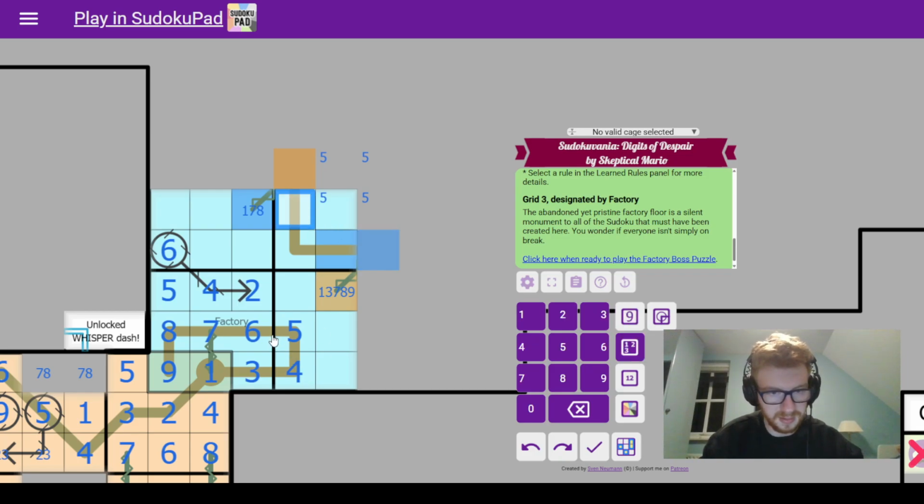If that's a 6, where does 6 go within this box? It doesn't go there, doesn't go there, so it goes in one of those. The 6 cannot go there, cannot go there or there, but that's it.